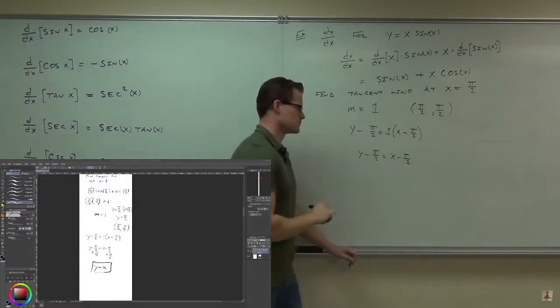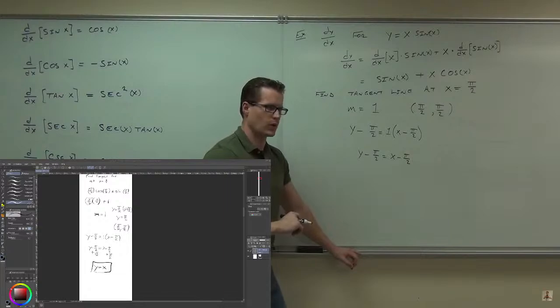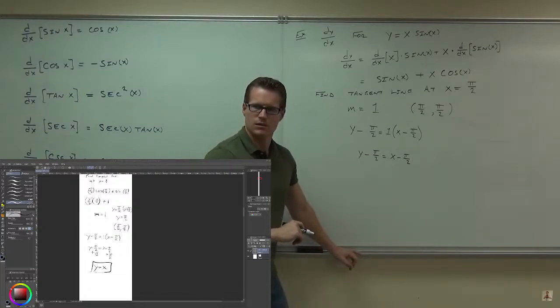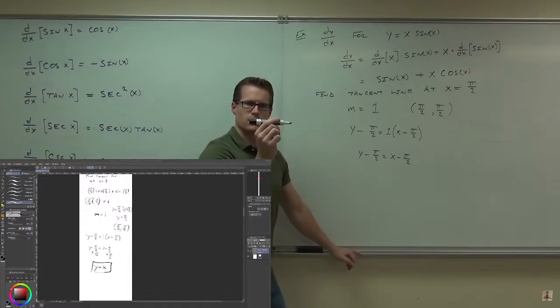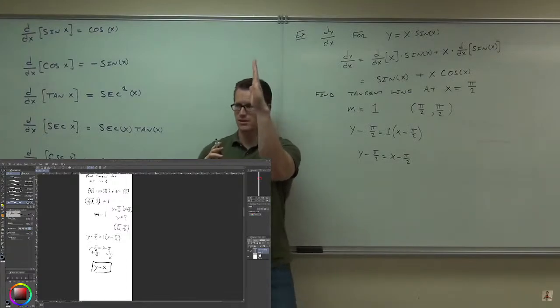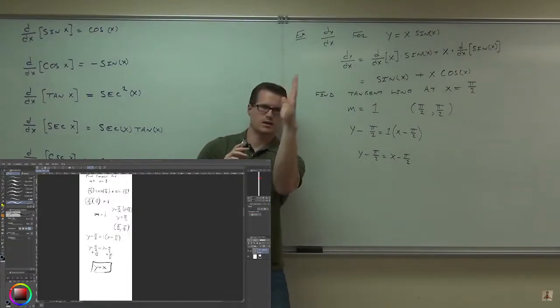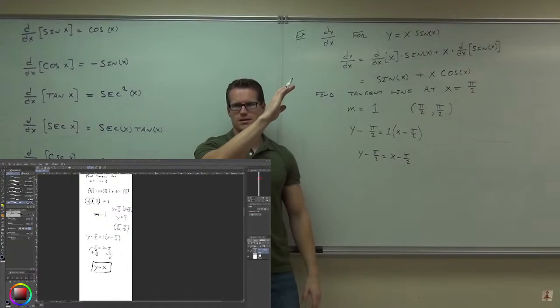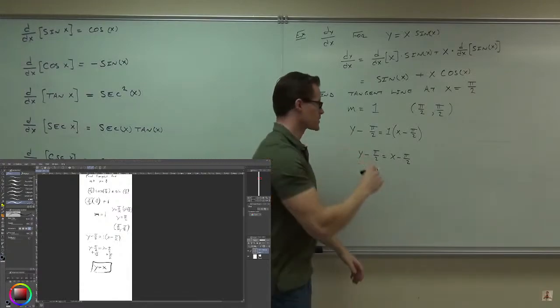What did you get? Diagonal. Vertical would be like this. Diagonal, like this. Y equals x. Yeah, it's a diagonal line. Slope of 1.